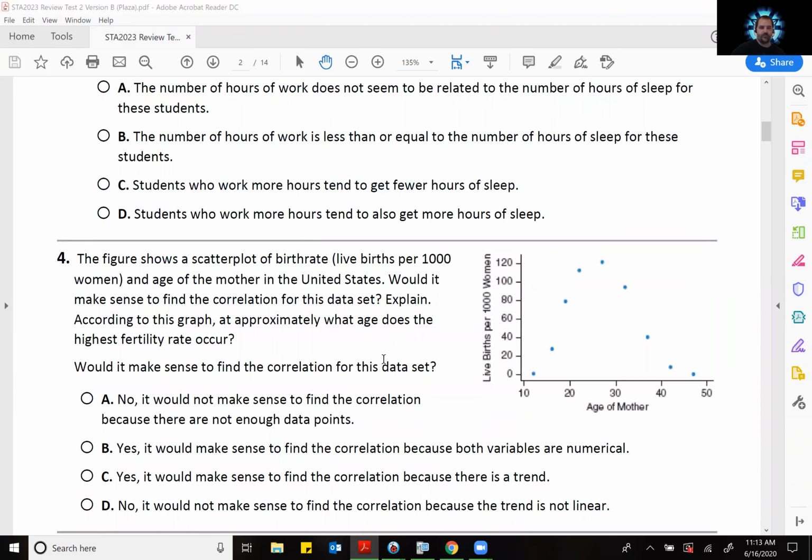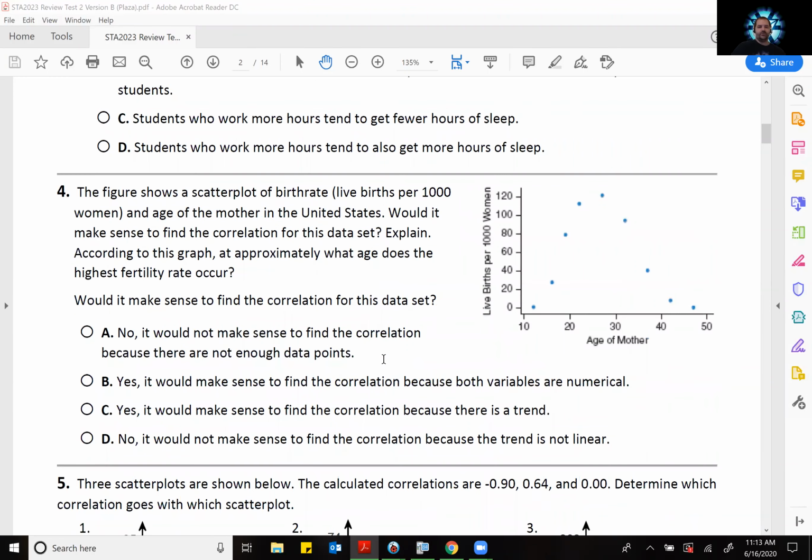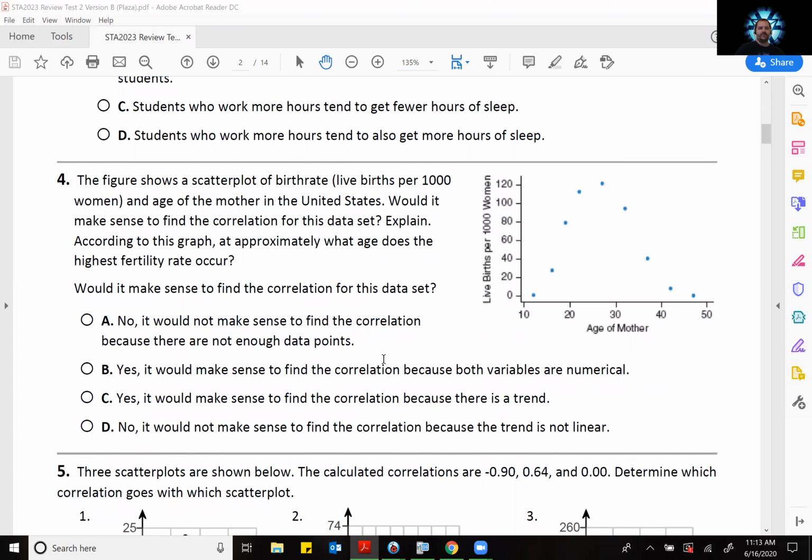So question number 4. The figure shows a scatter plot of birth rate, so live births per 1,000 women, and the age of the mother in the United States. Would it make sense to find a correlation for this data? Explain. So according to this graph, at approximately what age does the highest fertility rate occur?